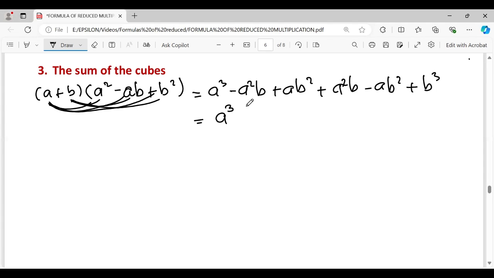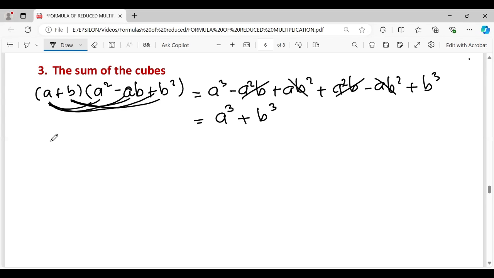So it becomes a cubed minus a squared b plus a squared b equals 0. As well, ab squared and minus ab squared equals 0. So the result is a cubed plus b cubed. Or we can write this as our conclusion.